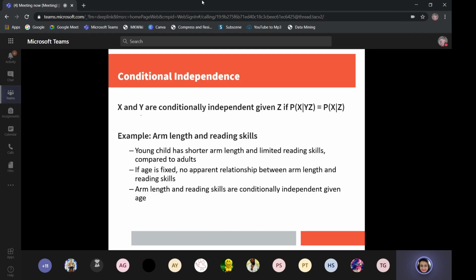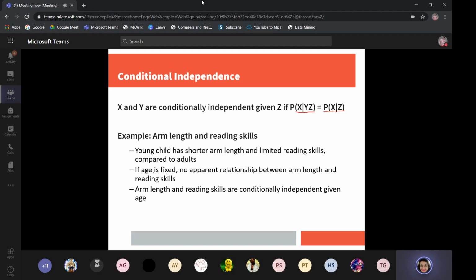We are first assuming that x and y are conditionally independent given z if px given yz is equal to px given z. That means x and y are conditionally independent. For example, arm length and reading skills. If a young child has shorter arm length, it has limited reading skill, fine, as compared to adults.